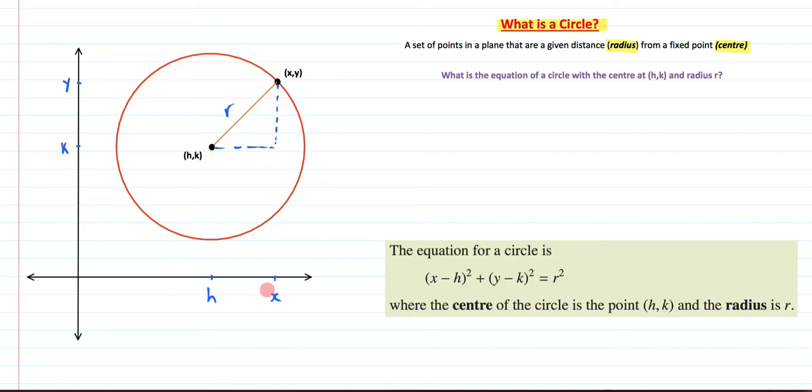In this case, it's going to be x minus h, and then the difference in my y's, so it will be y minus k. I could then write that in the Pythagorean way, which would be (x minus h) squared plus (y minus k) squared, and that will equal r squared.